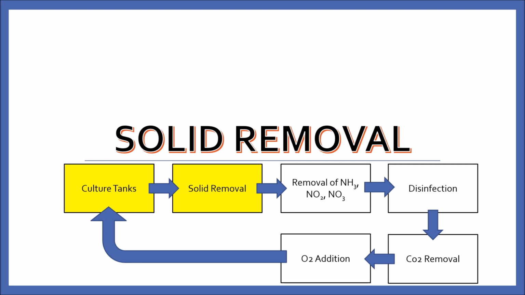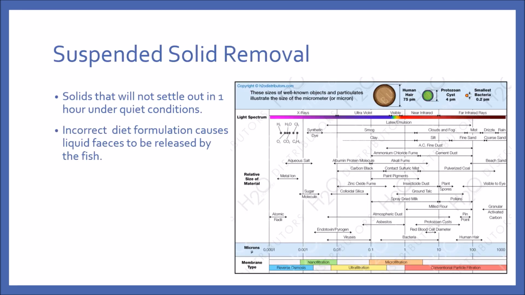So if you recall, suspended solids are solids that do not settle down within an hour. So in theory, these solids will be floating around in the water, able to be removed from the box. Once they exit the box, we will then go through another process which we call mechanical filtration.